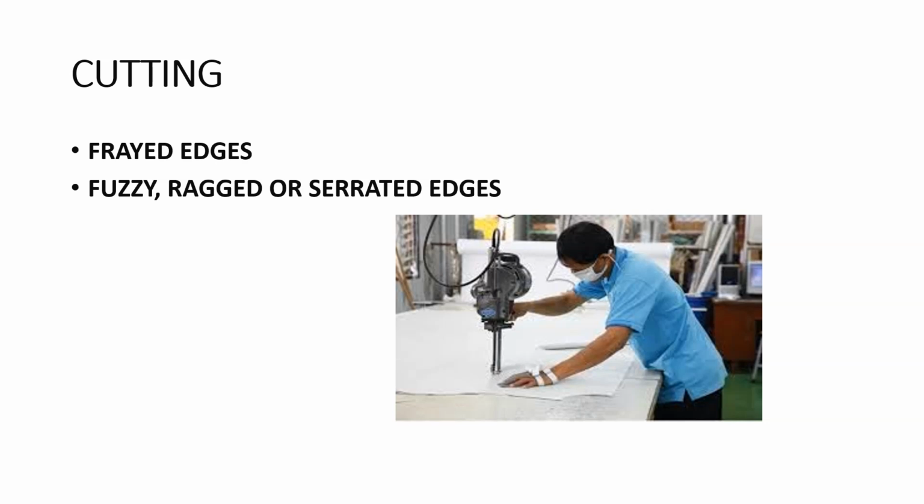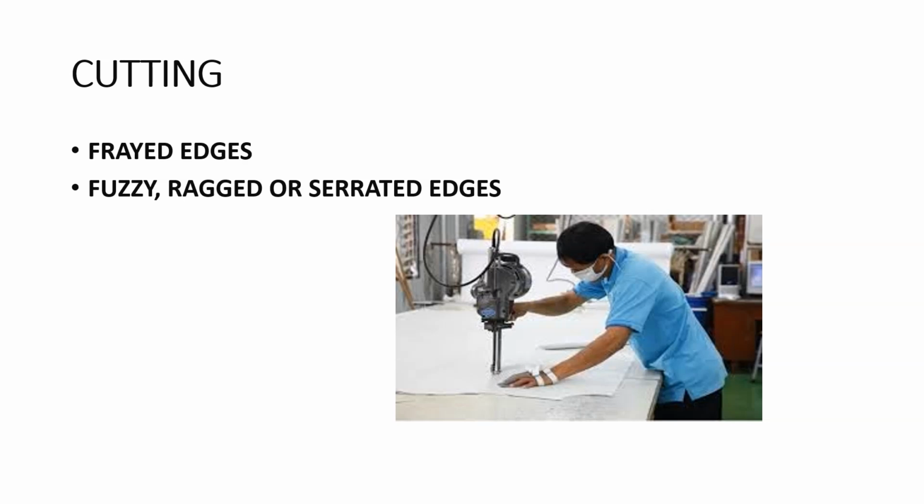These are the different areas of quality control in the cutting operation. Now in the figure, students, you can see that a person is following the pattern, and as per the pattern he is cutting the fabric by some cutting machine. So with that he will achieve the particular kind of accuracy.